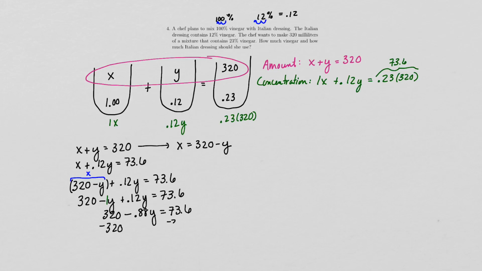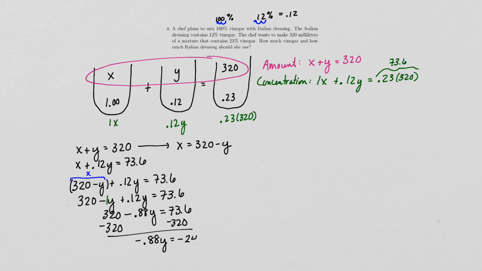If I subtract 320 from both sides, I've got negative 0.88y equals 73.6 minus 320. Oh, my calculator just died on me. Oops, this should be negative 0.88. I forgot my negative there.